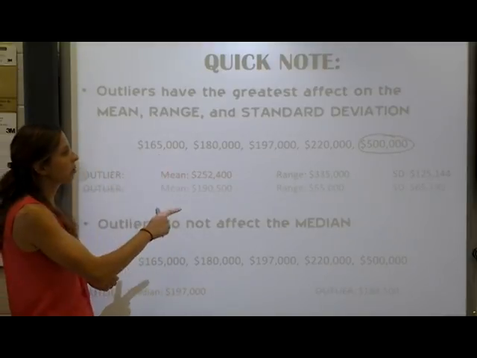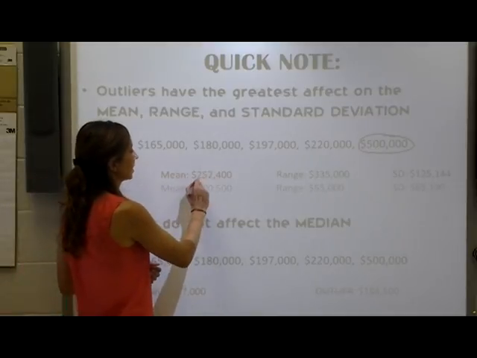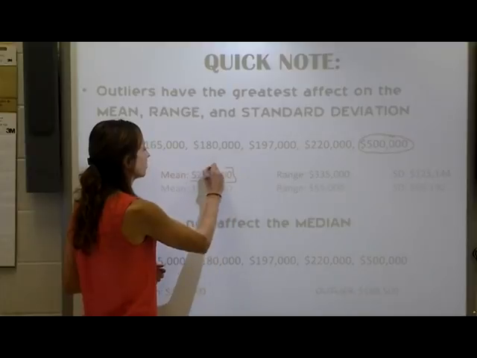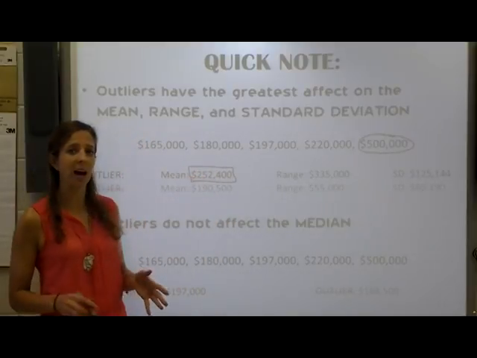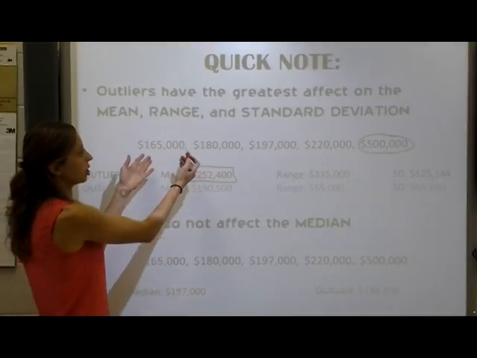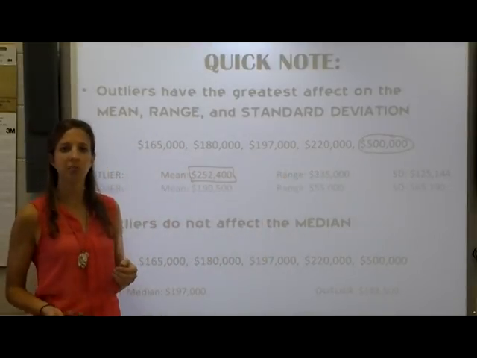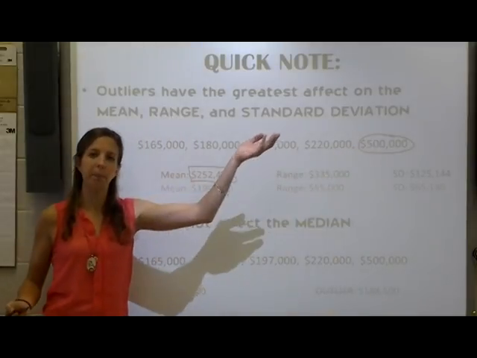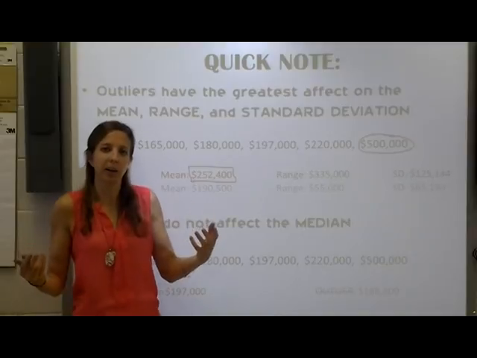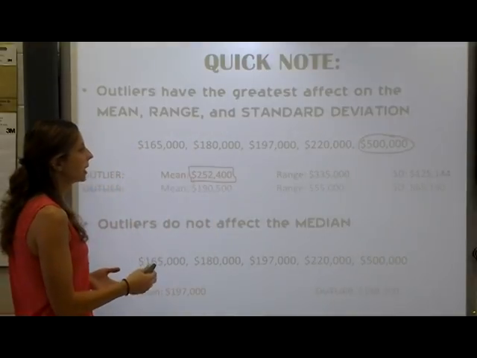So with the outlier included, okay, what we would find is that the mean price of homes on that neighborhood is $252,000. If you look, the rest of the homes don't even come close to being at that value. So this number really bumped up what it would appear is the value of the homes in that neighborhood, okay?